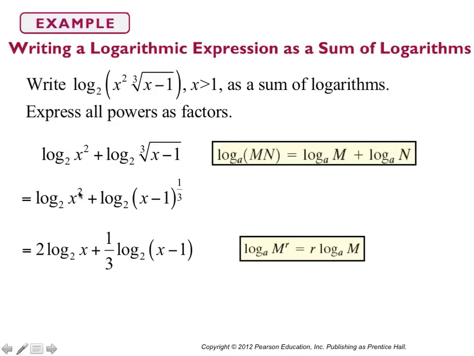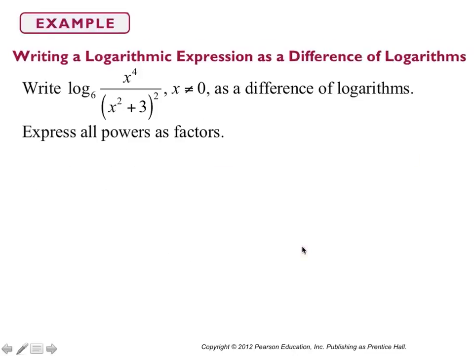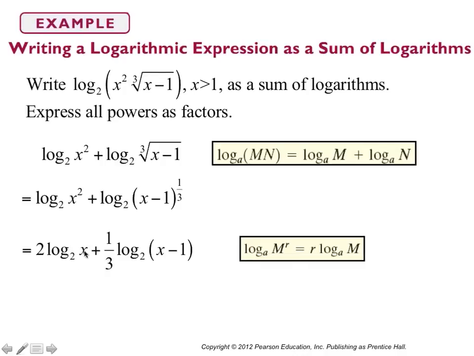And we change this x squared into 2 times, because we take this little 2 exponent and stick it out front. So you can always take exponents and stick them right out front of your logarithms. So this is going to be 2 times log base 2 of x plus 1/3 times log base 2 of x minus 1. And that's as far as that one will go. We don't have any multiplication or division left within our logarithms, and we also don't have any exponents.